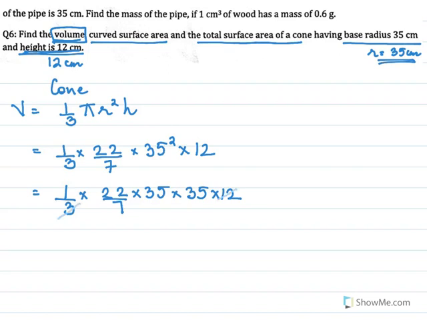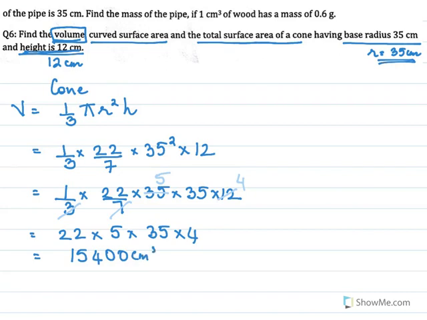You cancel this, ones are here 4, this you cancel 5. Now what is left is 22 into 5 into 35 into 4. And that works out as 15400 centimeter cube. That is volume.